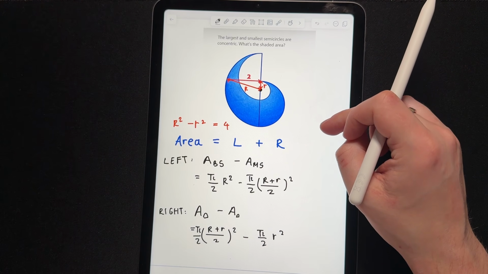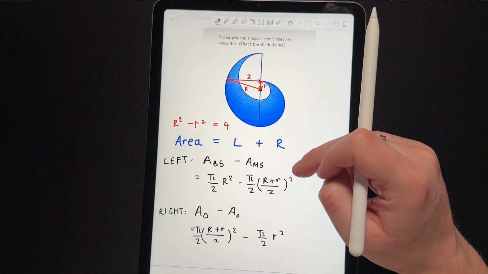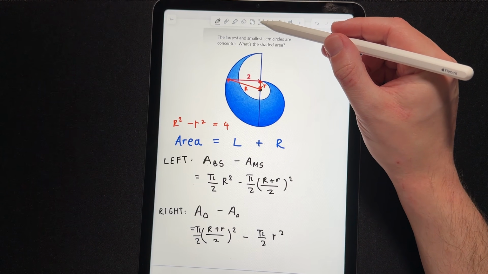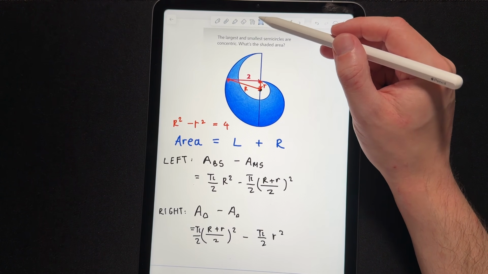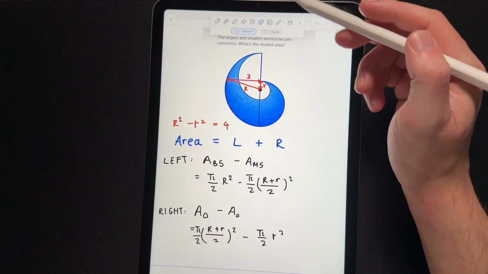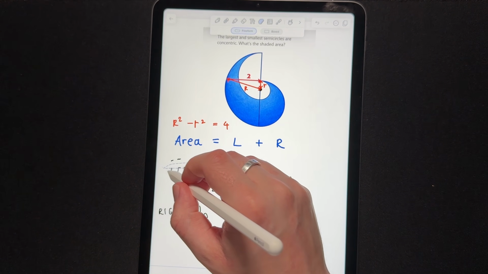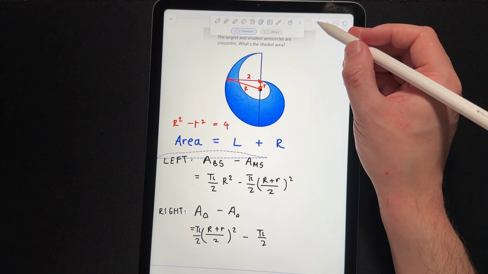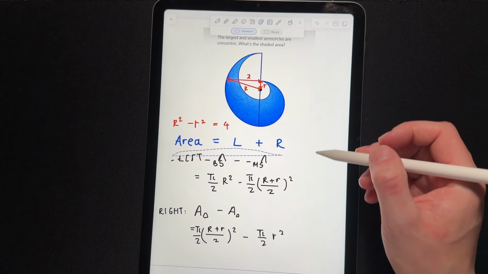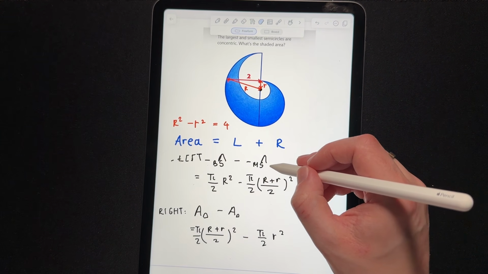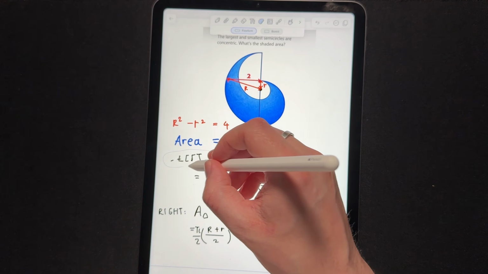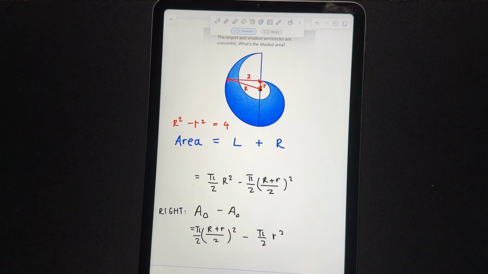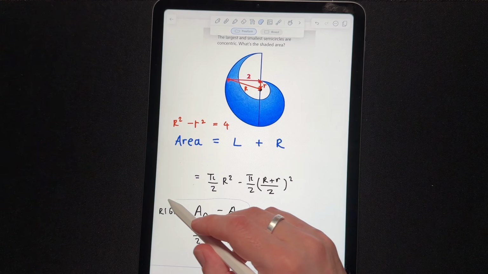We can start to put it in what that's going to be for our complete area of the blue. So let us take a few things and get rid of them. Let's get rid of this because we know, whoops, I have not done this in ages, I'm so sorry. Here we go. Let's get rid of that. So that's the area of the left. And this is the area of the right.